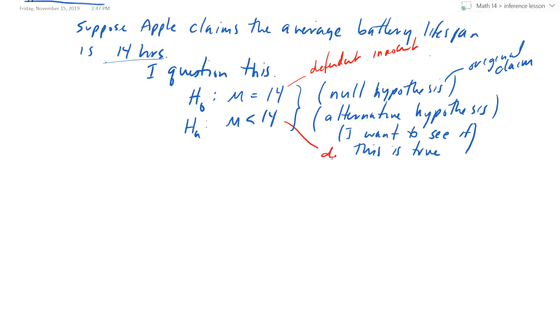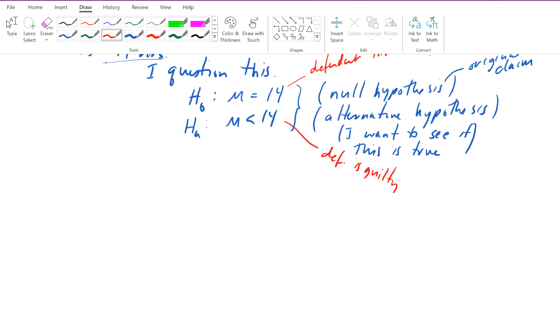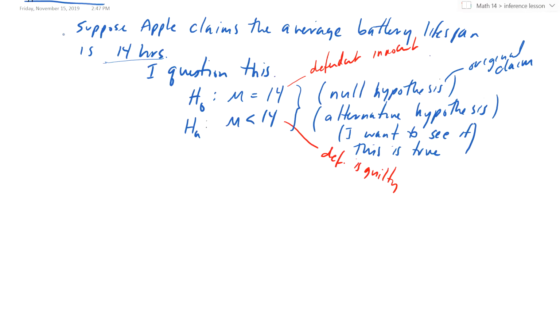HA is the defendant is guilty. That's our parallel to the courts or to a trial. So I need to come up with evidence and see if I have evidence that supports this statement beyond a reasonable doubt or not.